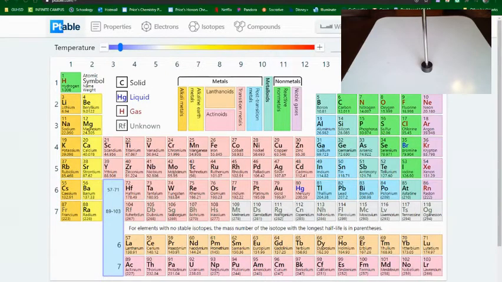Now, to explain what's going on with this, I want to use this little demonstration over here to help you understand it. Let's say we are looking at lithium. Since it's in row 2, column 1, it has 2 energy levels.